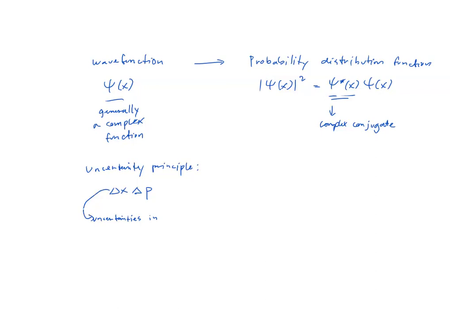Yung x is the position and p is momentum. Now, related ito sa ginawa natin before. So ito yung actually parang pwede mong tawagin na sigma x, sigma p, or standard deviation.